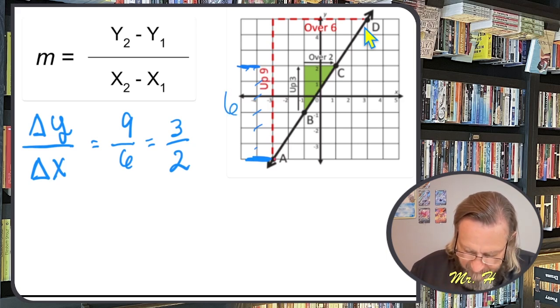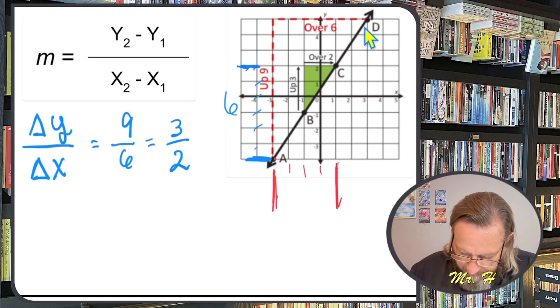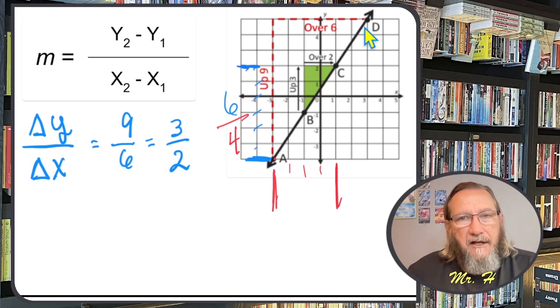And what about the x value? The x value is going from here on point A to over here on point C. What does that change? 1, 2, 3, 4. So we've got 6 over 4 as being our delta y over delta x.